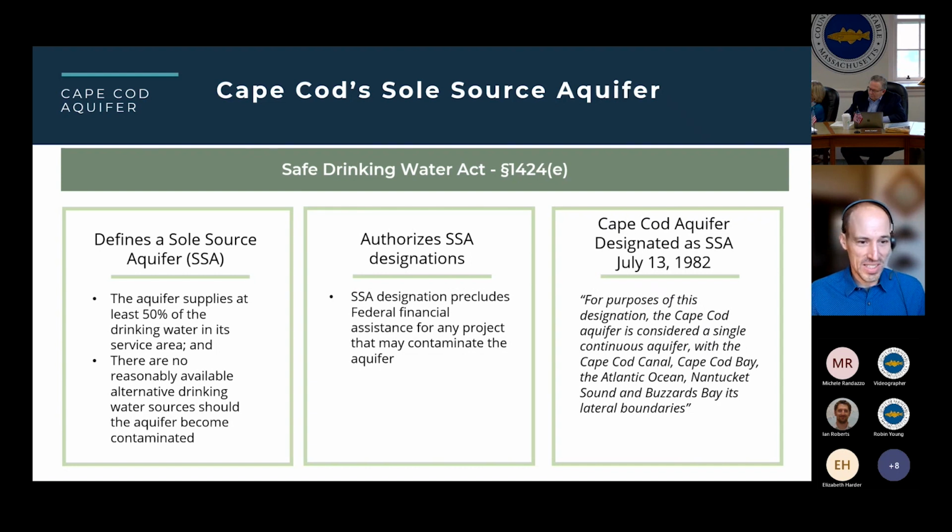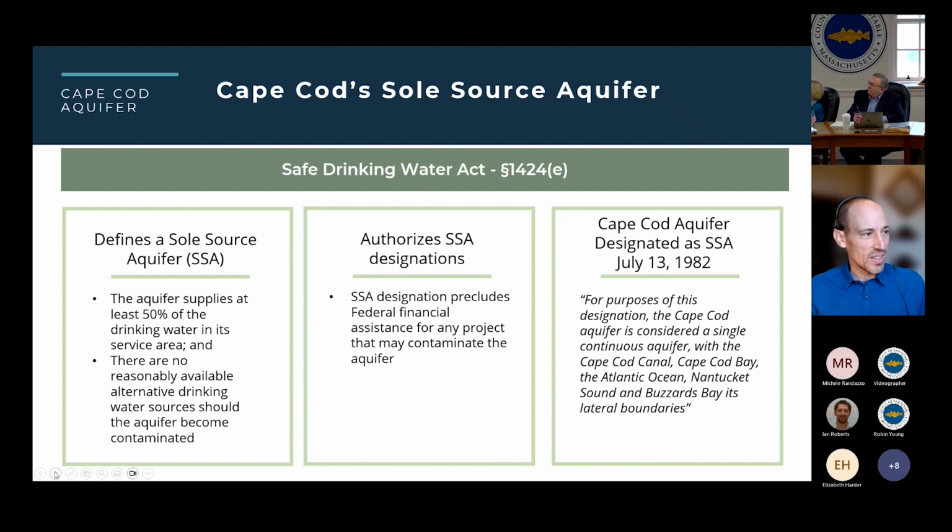And certainly it makes sense because the situation is the same for all of them. They are the primary source of drinking water for all of those service areas, and there is not a reasonable surface water alternative available. But it can be a little confusing when all six of them are referred to as a single aquifer.